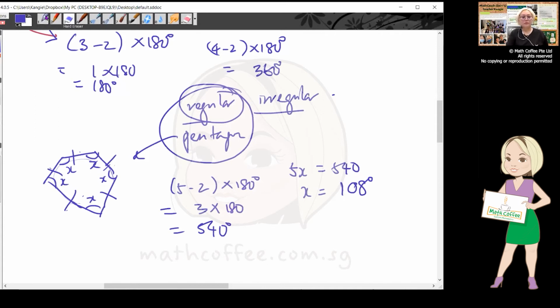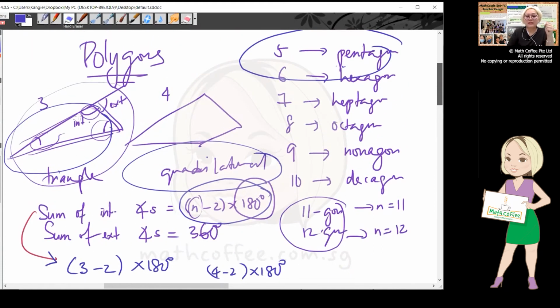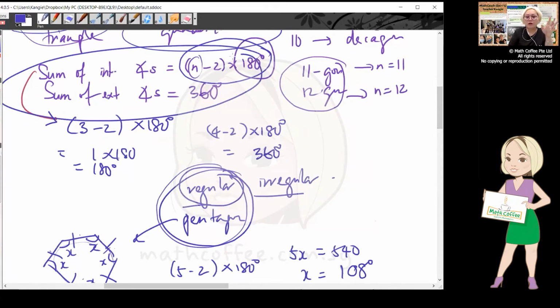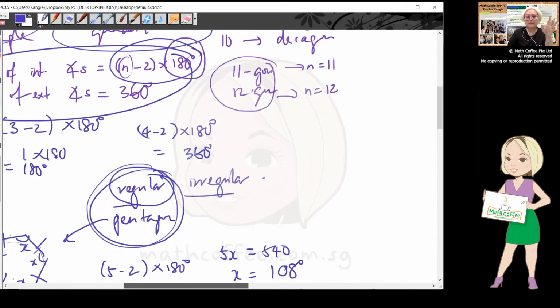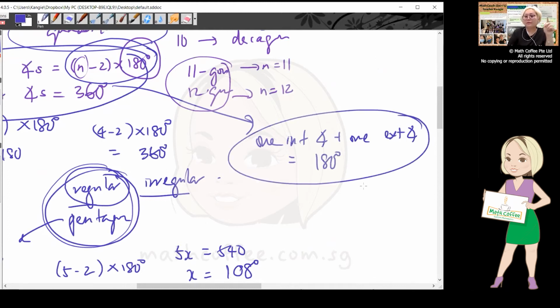Then, how do we find the exterior angle of a regular pentagon? Another formula you need to remember: interior angle and exterior angle are on a straight line, so they add up to 180 degrees. So one interior angle plus one exterior angle gives you 180 degrees.